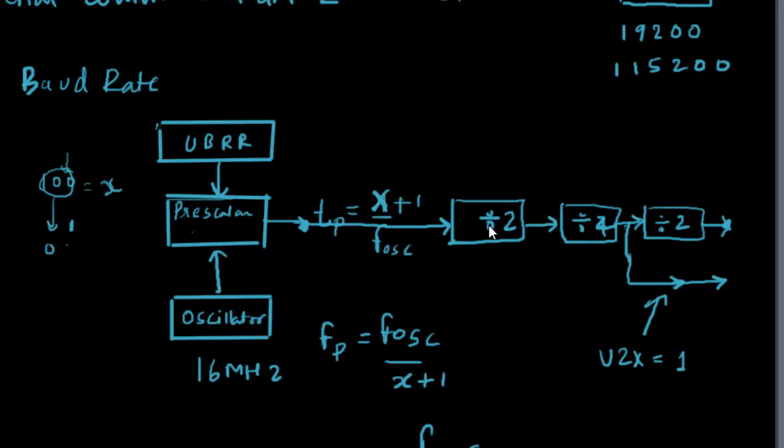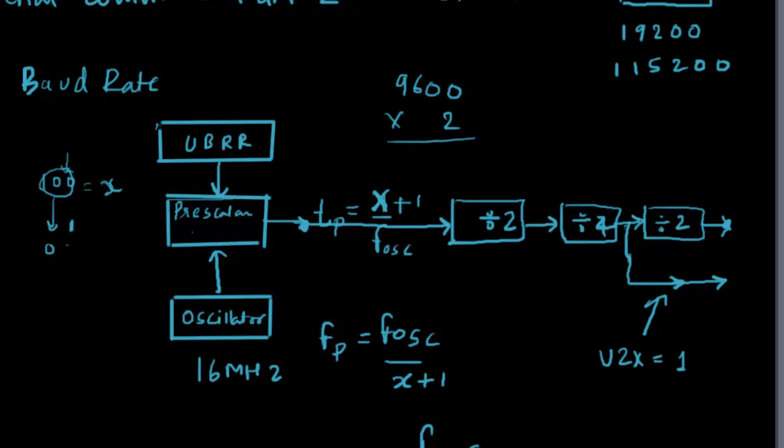So if it is 9600, it becomes 9600 into 2, which is not a standard baud rate, but still it is useful in some cases when you want to double the baud rate.